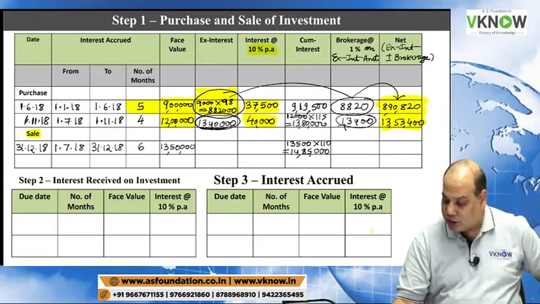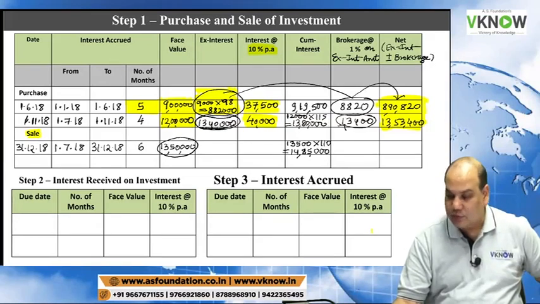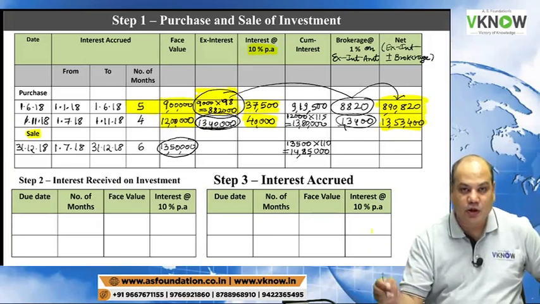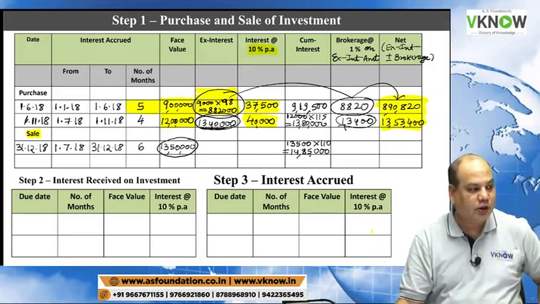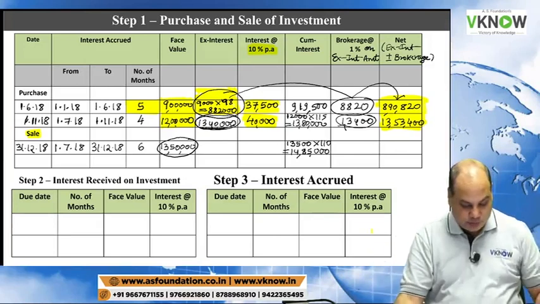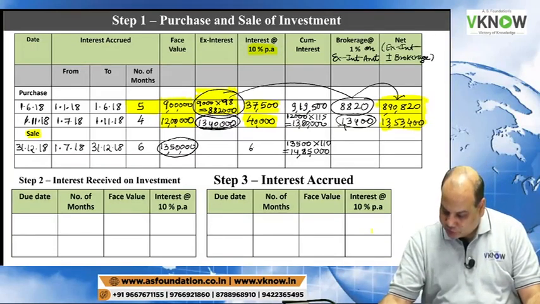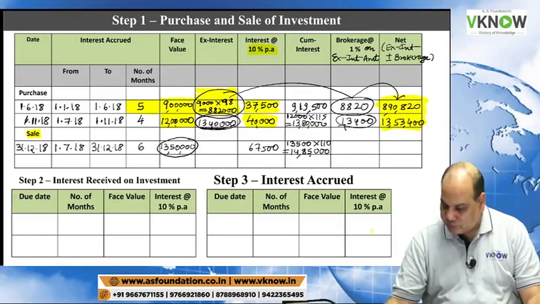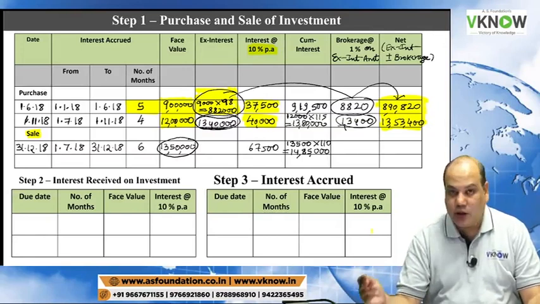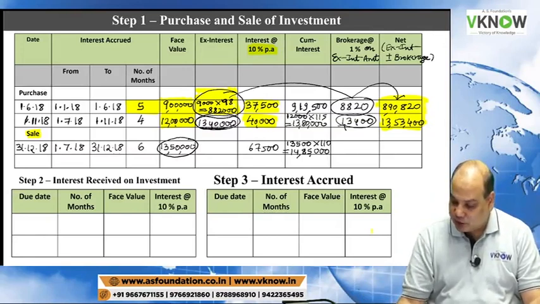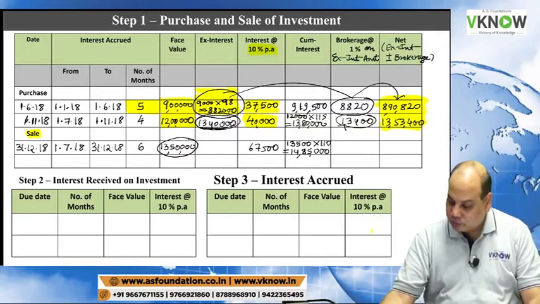Now calculate interest on 13 lakh 50,000 at 10% for 6 months. 13 lakh 50,000 into 10% into 6 by 12 is 67,500. Now cum-interest minus interest will give you the ex-interest amount.